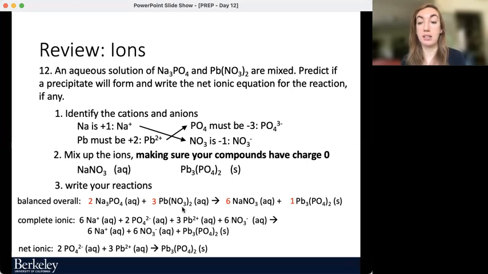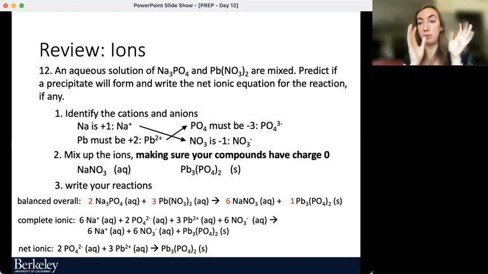So where did this 6 come from? There's a question in the chat. This Na3PO4 is going to have 3 sodium cations and 1 PO4 anion. But I have 2 of those Na3PO4s, and each Na3PO4 has 3 sodium cations.